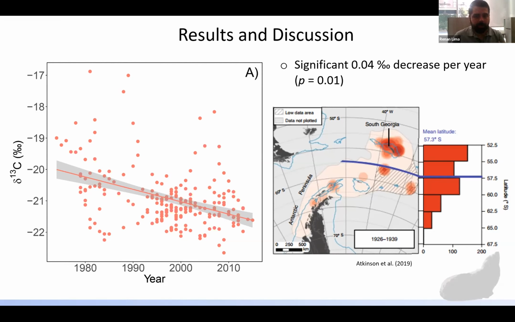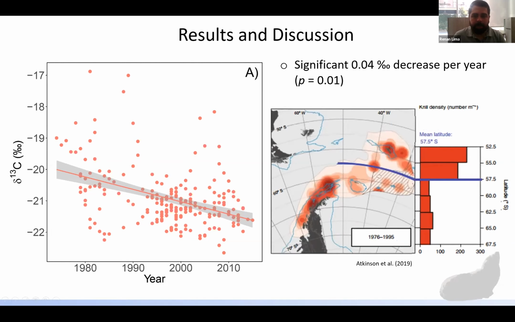So the highest krill densities in the Atlantic sector of the Southern Ocean were concentrated in its northern part around the South Georgia region during the 1920s and 1930s. However, since the 1970s, the distribution has contracted southward. And this latitudinal distribution shift may have actually contributed to the decreasing delta 13C values found in our data through the use of more southerly habitats over time, which we know for a fact are characterized by carbon-depleted baseline values.